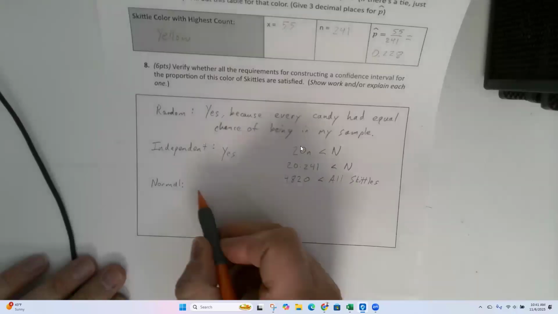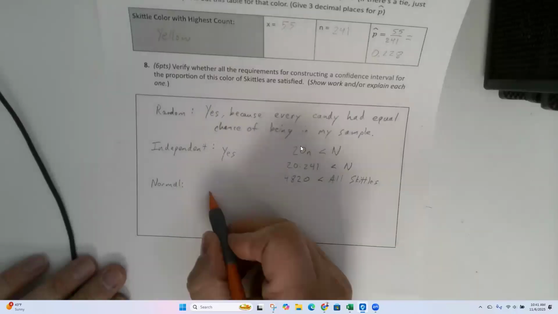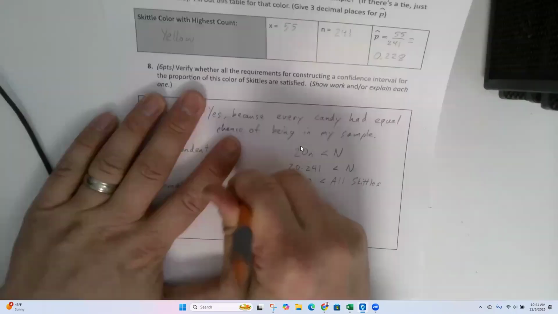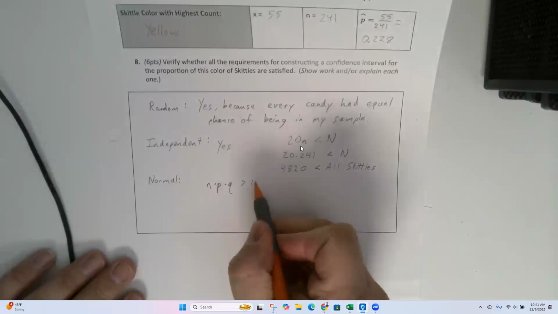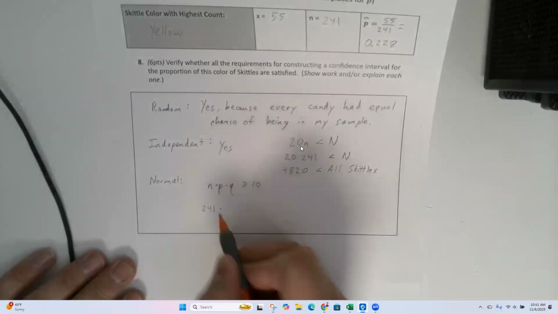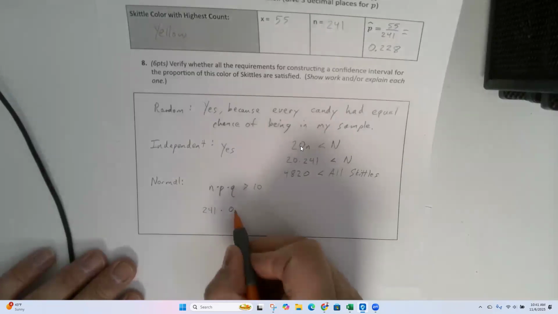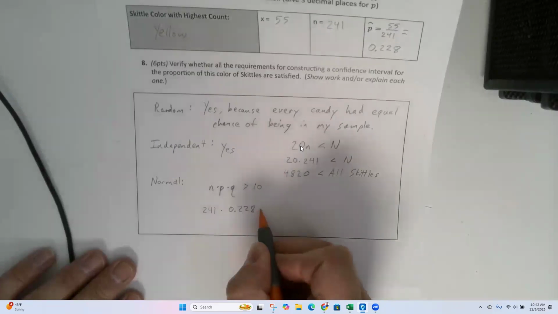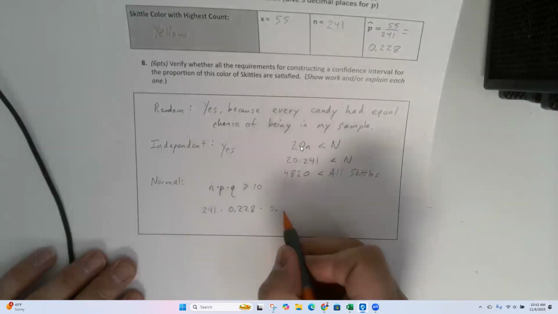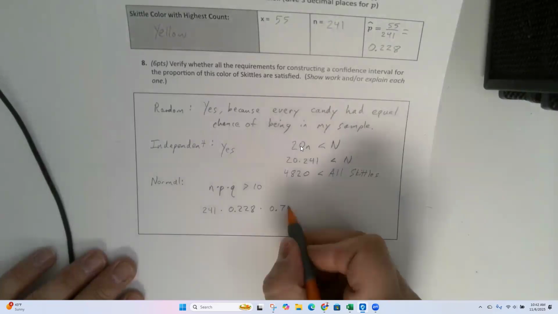Normal. For normal, we need to check that n times p-hat times q-hat is greater than 10. So my n is 241. My p-hat is 0.228. And q-hat is 1 minus that, which is 0.772.